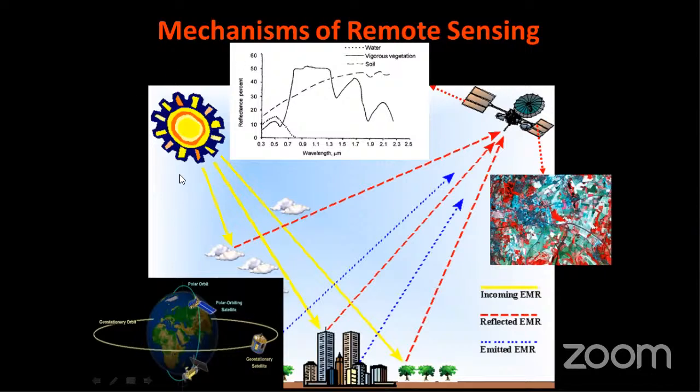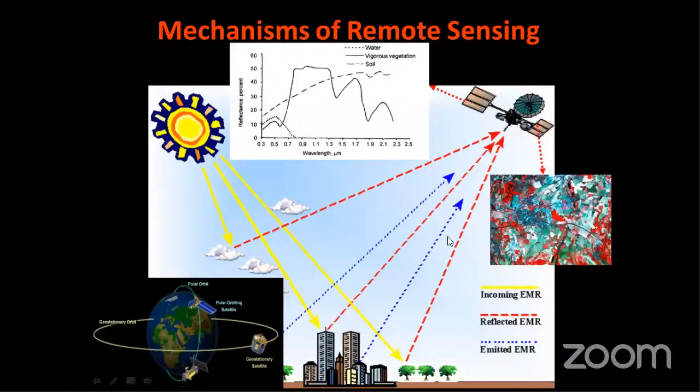So in remote sensing, what basically happens is the sun radiation approaches the Earth's surface. Here it interacts with atmospheric clouds as well as different materials that exist in the atmosphere. Some of the radiation which comes through the atmospheric window hits the Earth's surface features like urban, soil or vegetation, and it reflects back to the sensor.